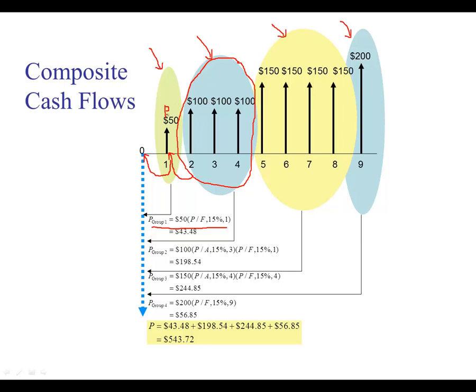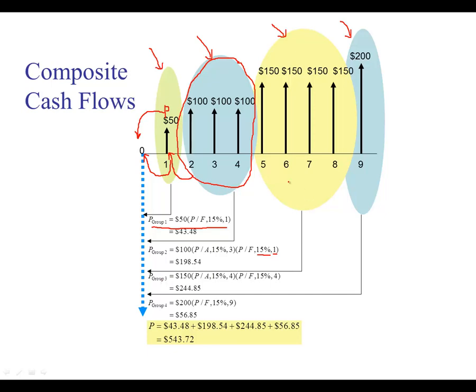Then that P value will be brought back to time zero, with consideration that it will be 1 year. From this point all the way back to time zero, it will be 1 year, and the interest rate is 15%. And you can recalculate the value.